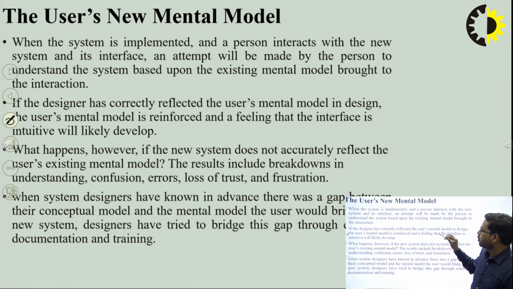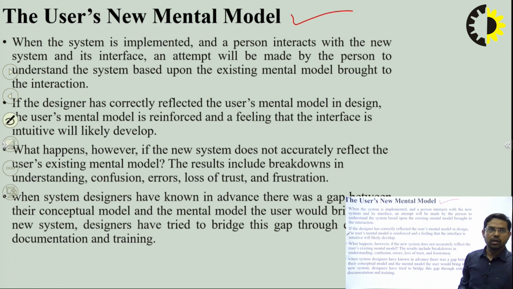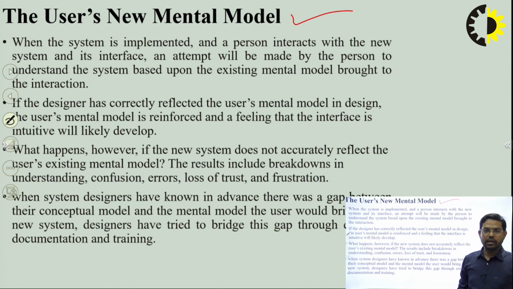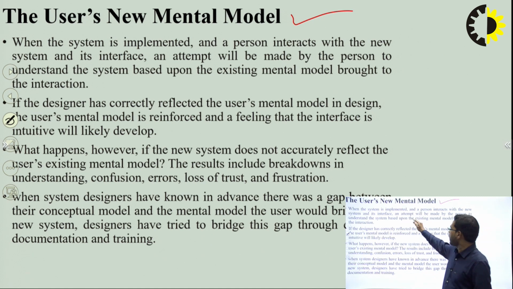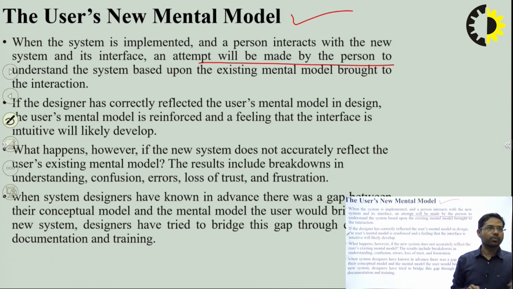The user's new mental model is basically created from the user's task analysis, user needs and expectations. When the system is implemented, a person interacts with the new system and its interface. An attempt will be made by the person to understand the system based upon the existing mental model brought to the interaction.